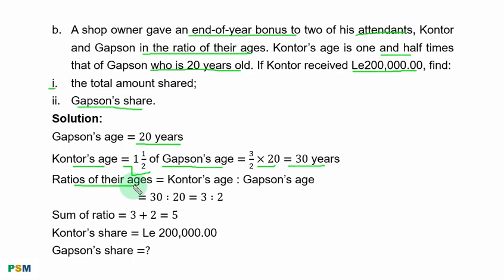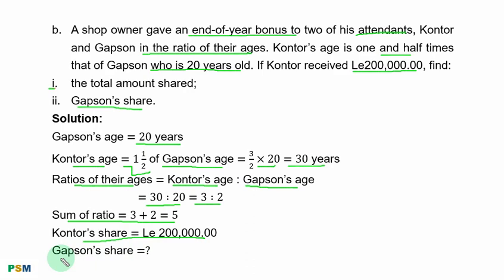That is Konto. So you have Konto's age ratio Gibson's age. That is 30 ratio 20 equal to 3 ratio 2. To share, we need the sum of ratio, and that is 5.